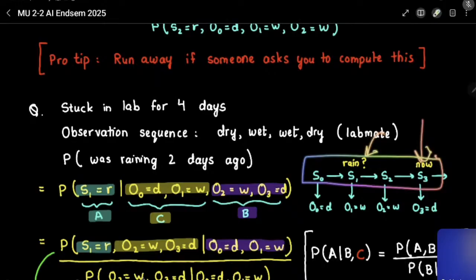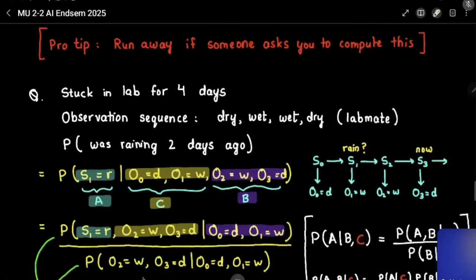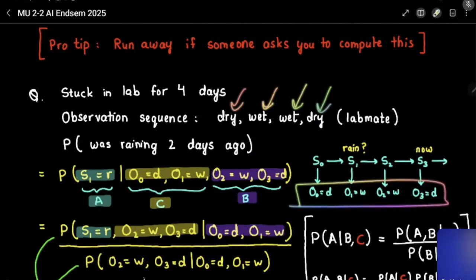So if you represent this problem in terms of probability, you'll get this one. Probability that S1 is raining given this sequence of observations. The sequence of observation is O0 is dry, O1 is wet, O2 is wet, and O3 is dry. This is the sequence of observations.